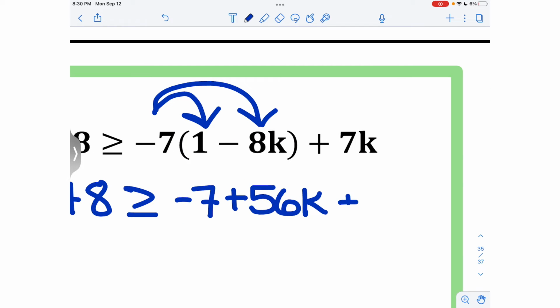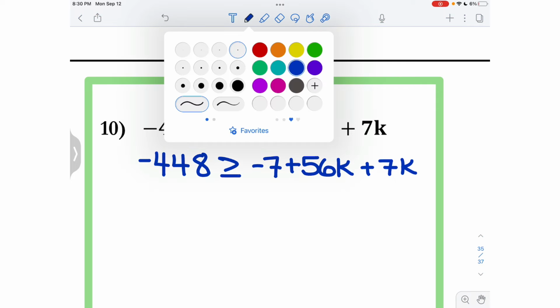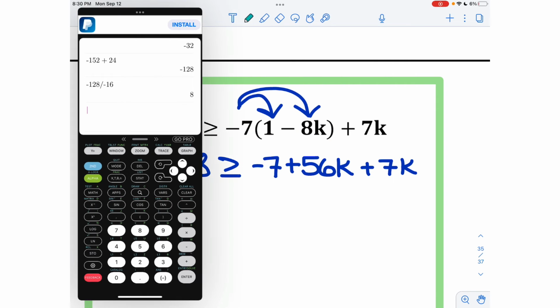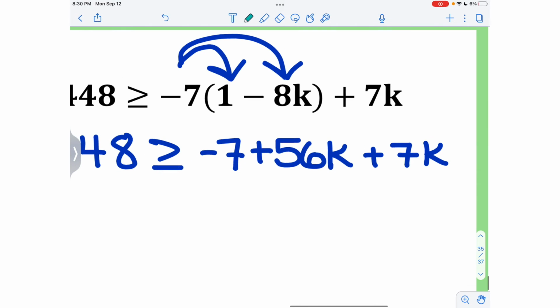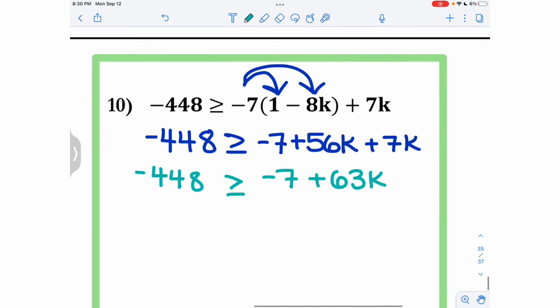Then we got plus 7K. So these numbers are getting complicated and big. I will show my work here. We got 56 plus 7. That's 63. So that's where this part is coming from. We got negative 7 plus 63K. And we still have this negative 448 on the other side.